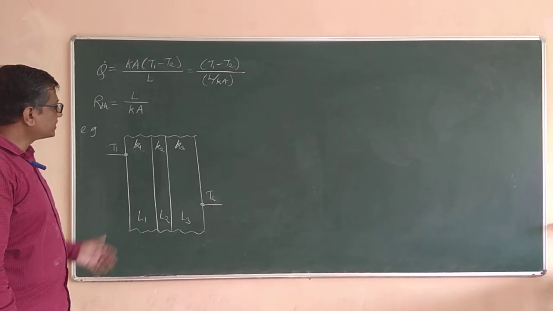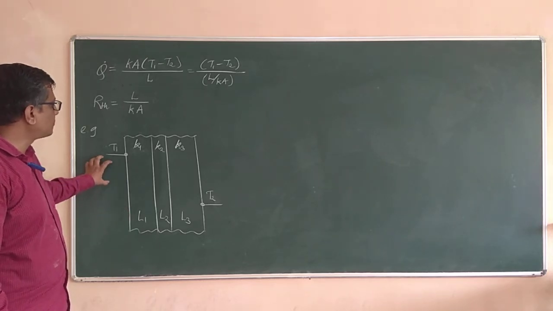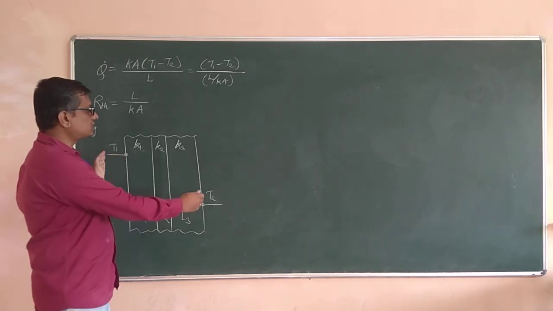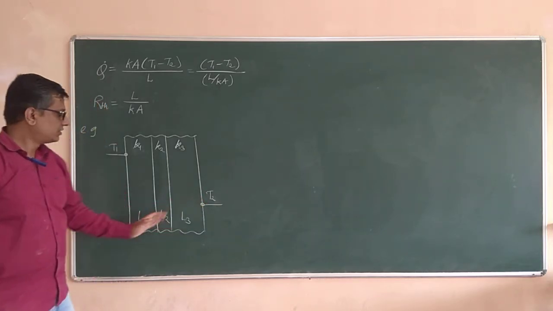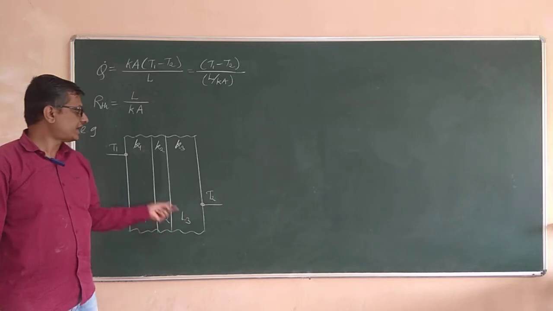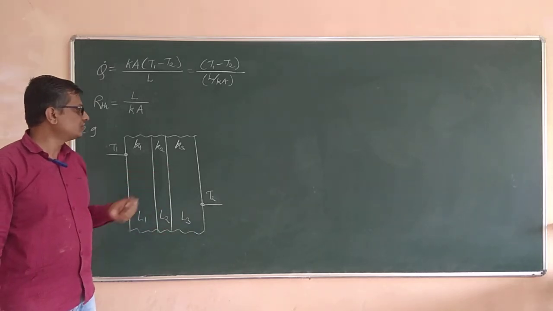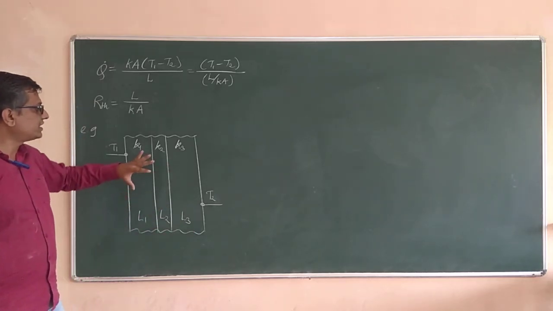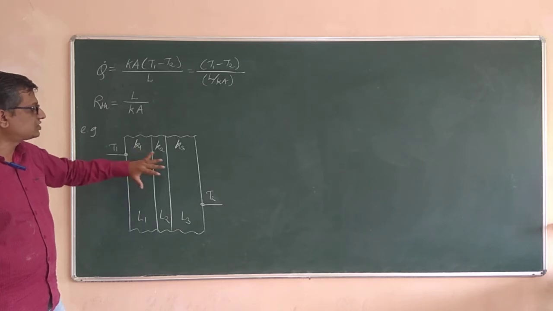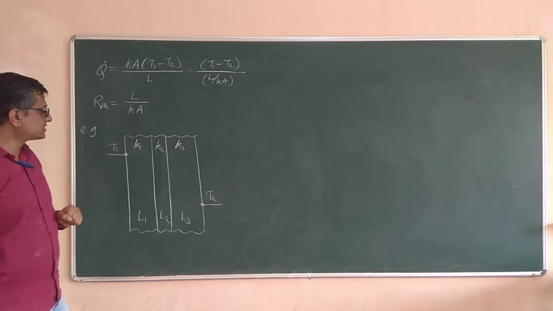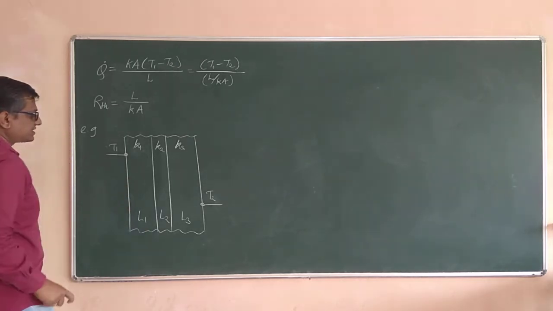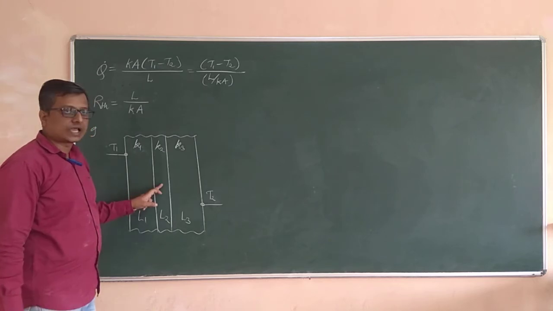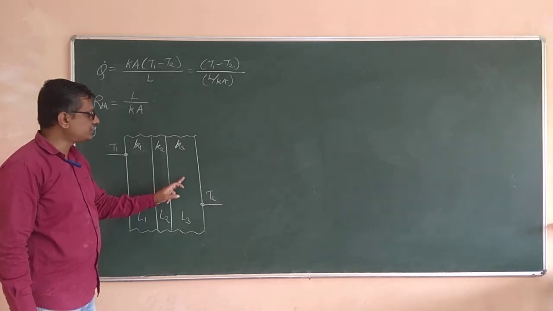In that case, how to get the heat transfer that is taking place through this composite slab? Only the extreme surface temperatures, that is T1 and T2, are given to you. The width of each slab is given to you, and the thermal conductivity of each slab is given to you. In that case, we can directly compare this problem with the electrical circuit. Let us say the thermal resistance of this slab is R1, of this slab is R2, and of this slab is R3.